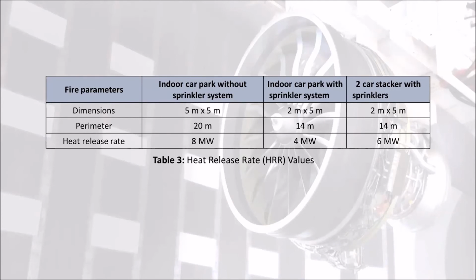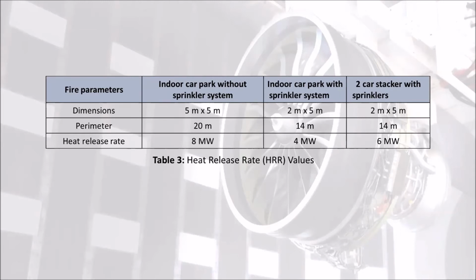And here you see heat release rates for this dimension, perimeter, and heat equipment. An important issue for this car park CFD analysis is the heat release rate, one of the important parameters.